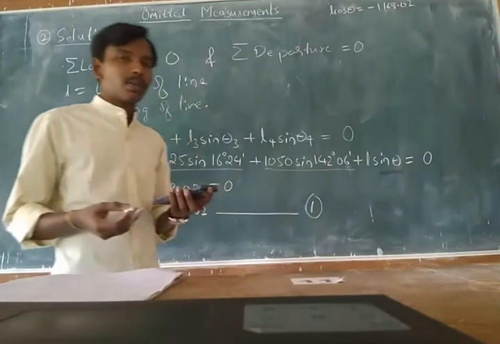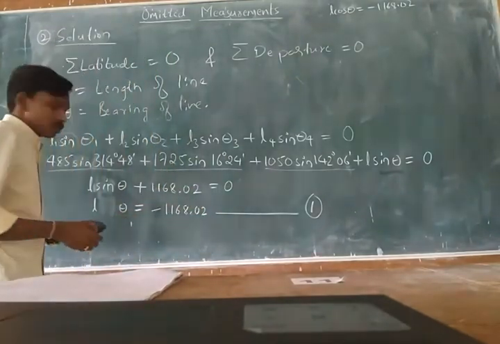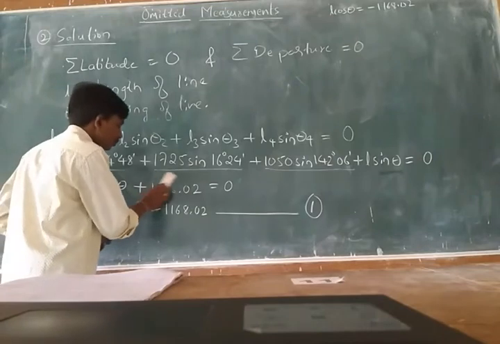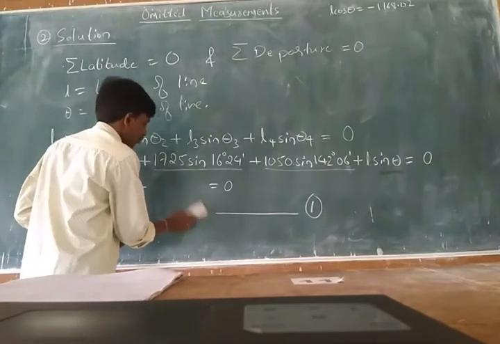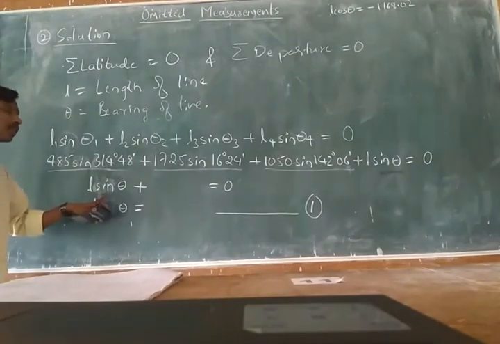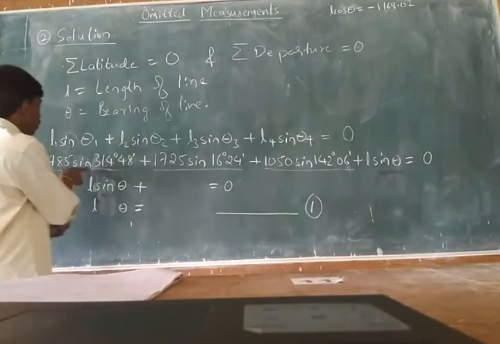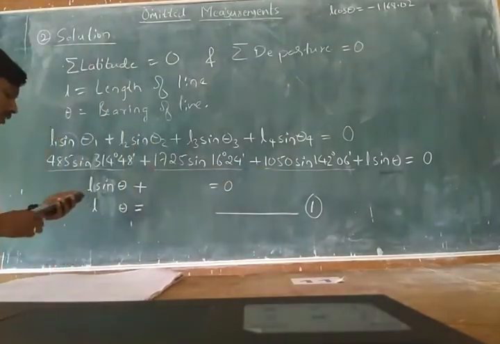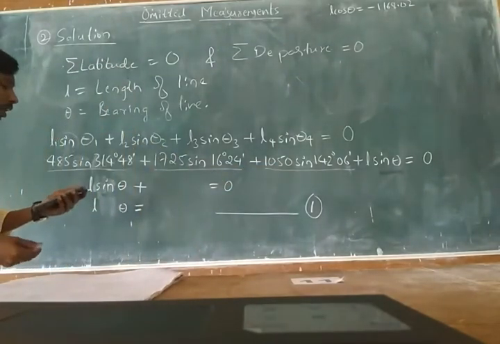That means 787.9. So I will write the value here. We have to keep L sin theta as it is. After solving these three values, we are getting 787.9.